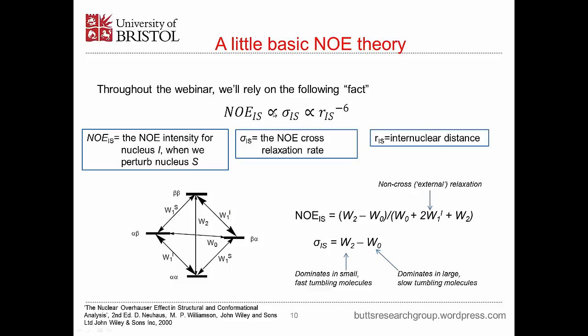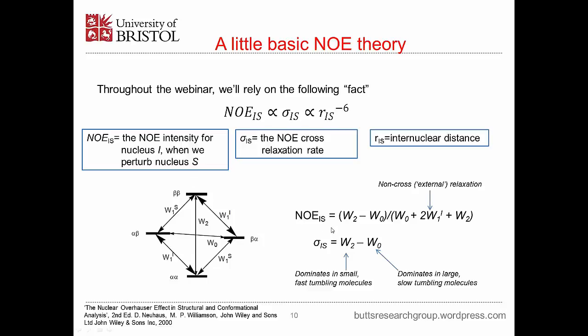In reality, the NOE intensity is proportional to the cross-relaxation rate, which is then proportional to R to the -6. So what are these terms? Well, the cross-relaxation rate is essentially the double quantum transition, alpha alpha to beta beta, minus the zero quantum transition, alpha beta to beta alpha. So it's the transitions where both spins flip.